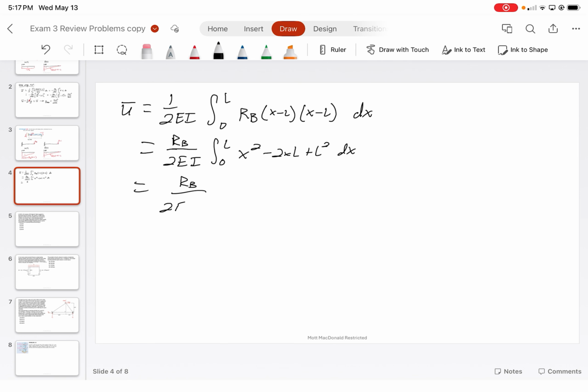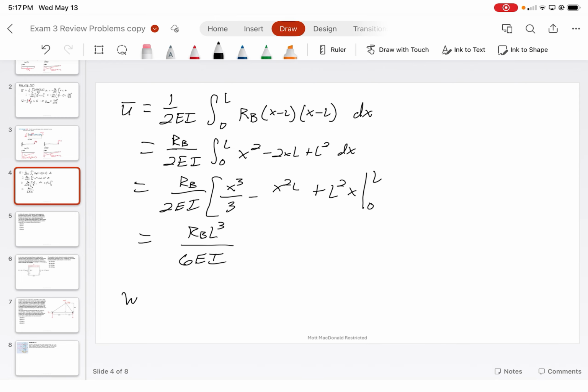RB divided by 2EI times x cubed over 3 minus x squared L over 1 plus L squared x from 0 to L. Let me grab a calculator. And this should give us 3 minus... Yeah. This will give us a strain energy equaling RB L cubed over 6 EI.